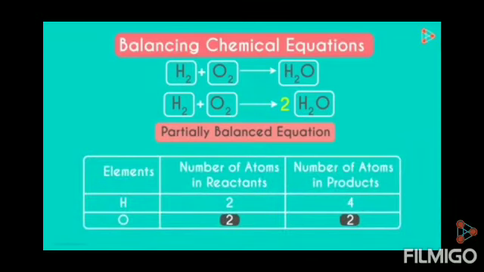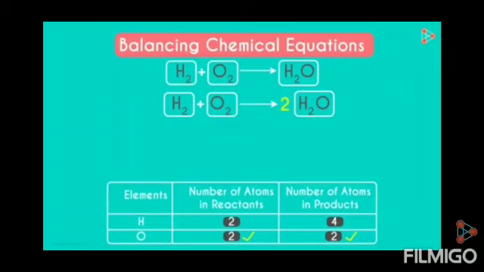So we need to balance the atoms of hydrogen also. In the reactant side, now hydrogen is 2, so 2 times 2 gives 4. That means in the reactant side having 2, multiplied by another 2 of hydrogen, gives 4 hydrogen atoms. Oxygen is balanced already.